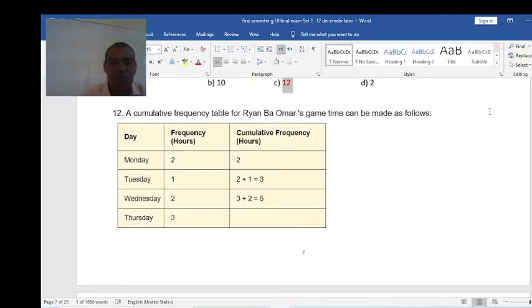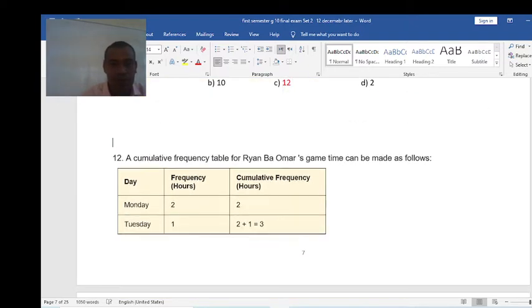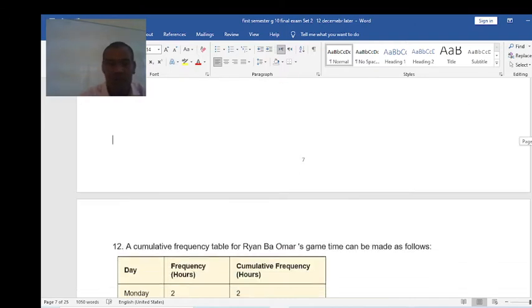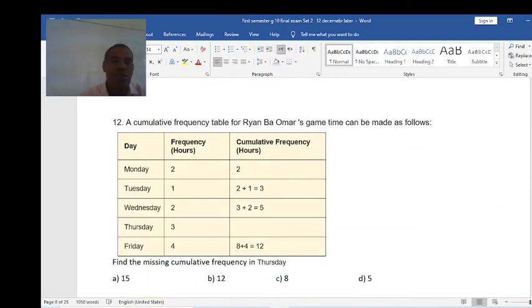Question 12. Okay, we have a cumulative frequency table of games time made as follows. These are the days: Monday, Tuesday, Wednesday, Thursday, Friday. Frequency in hours.